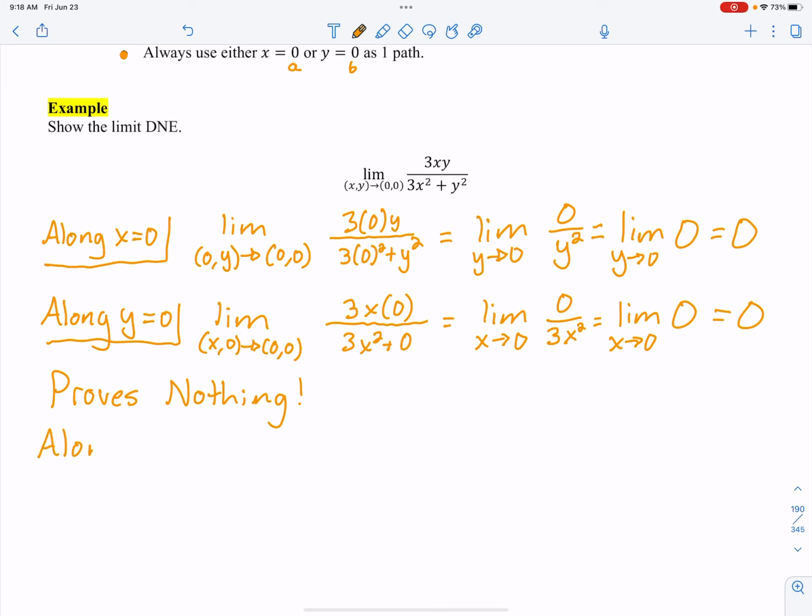Let's pick along y equals x. The reason I'm doing this is I want powers to match on top and bottom. So I'm going to let y equal x. When I plug all this in, the limit as y approaches x, so let's replace y with x, as (x, x) approaches (0, 0).